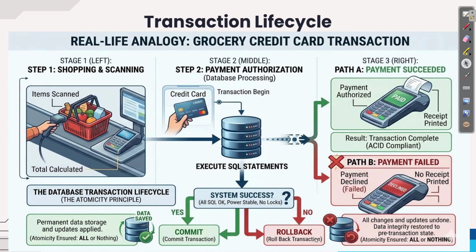If there is some problem, we will use the rollback command. So all the transactions will be rolled back, so no transaction has happened. No item statement, SQL statement is executed.